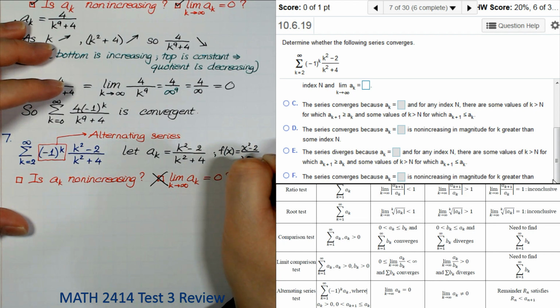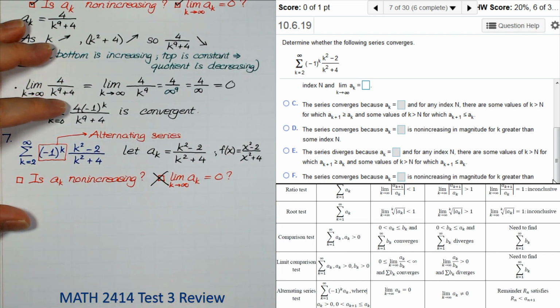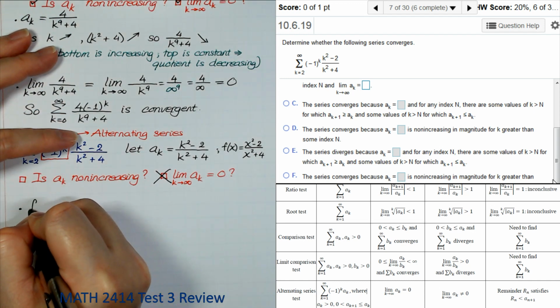So consider this function. And then we take the derivative.